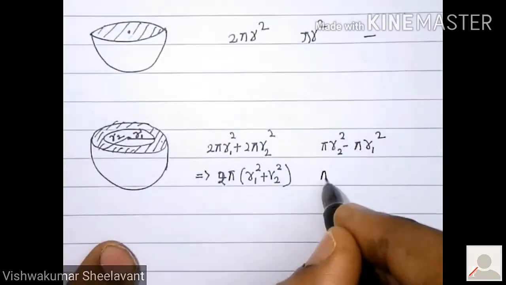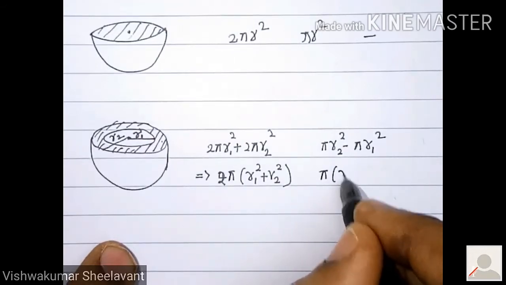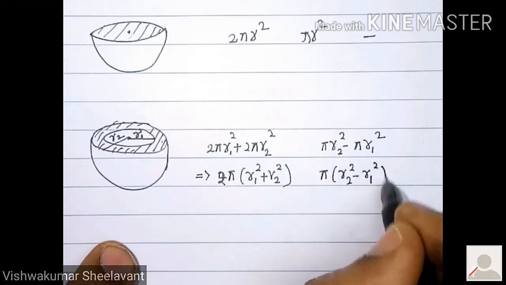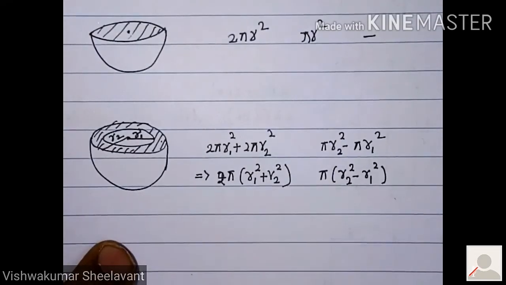That is pi into the bracket R2 square minus R1 square.